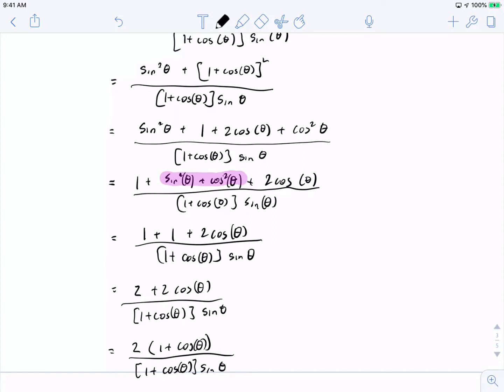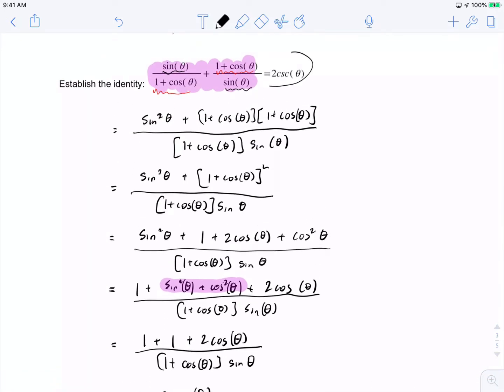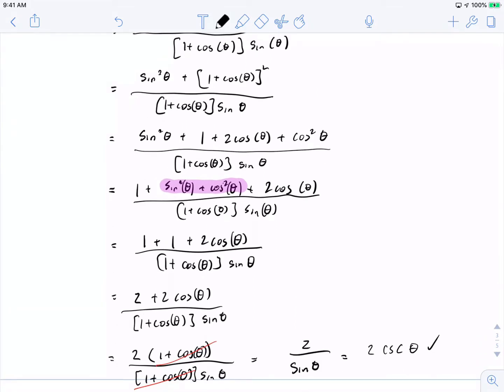And what we see here is that this will cancel with this, and that's going to give me 2 over sine theta, but 1 over sine theta is cosecant. And so I'm going to get 2 cosecant theta, and I believe, yep, that is the same as that. All right.